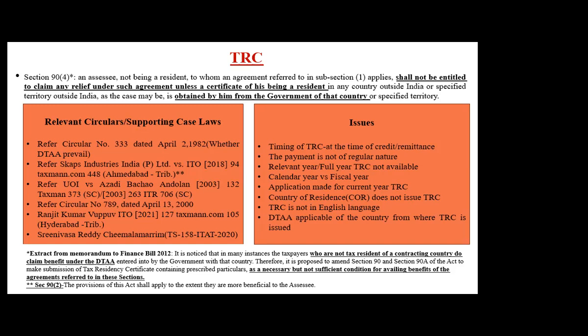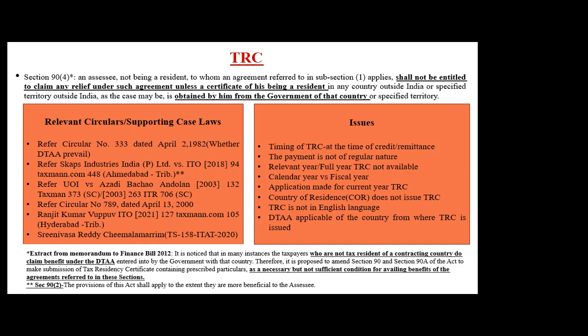The memorandum's reason for bringing this section was that there were non-residents claiming the treaty benefit irrespective of being residents of that country. The government had no way to plug that loophole, so they brought it into the act.